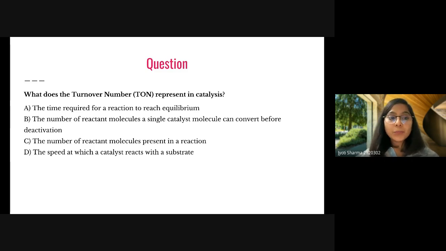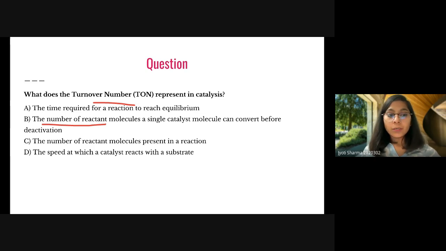Okay, so this turnover number is the number of reactant molecules a single catalyst molecule can convert before deactivation. For example, let's say you have one catalyst, and that catalyst is converting five reactant molecules into the product.